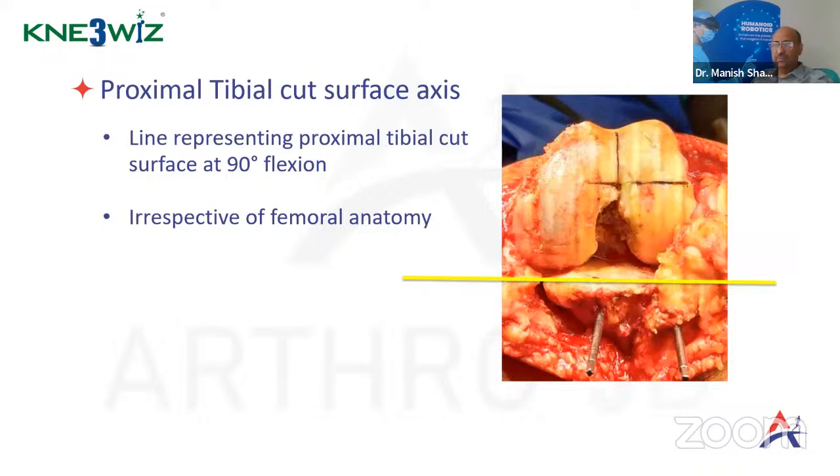And probably one of the most important parameters is the proximal tibial cut surface axis. The line representing the proximal tibial cut surface at 90 degrees of flexion, irrespective of the femoral anatomy. Aligning the femur component to this ensures balance throughout the arc of motion.